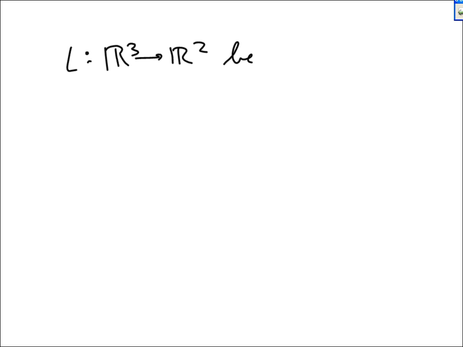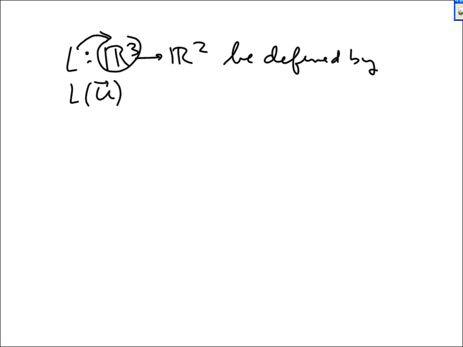And let this mapping L be defined by L of a vector u, where u is understood to be in R3, and you get r times the vector u, for some scalar r.